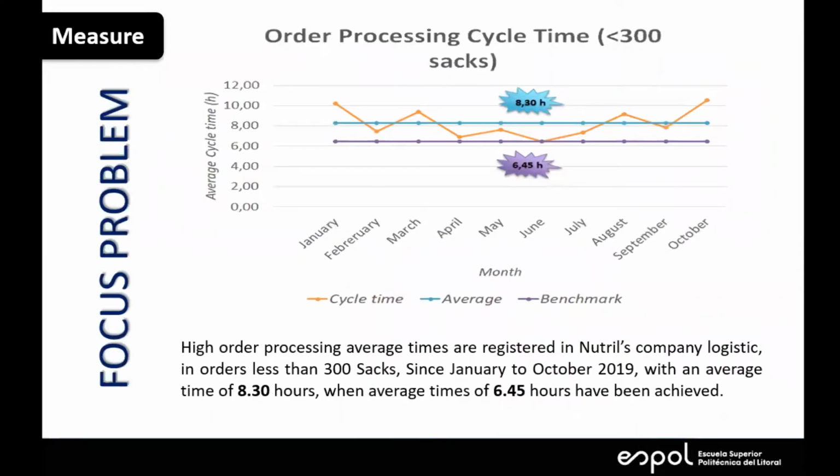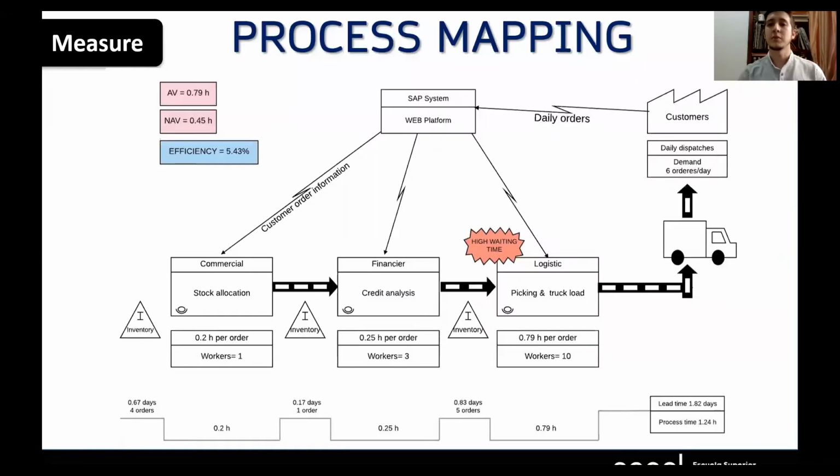Then in the focus problem, we use the charts with order processing cycle time for fewer than 300 sacks, where we have high order processing average time registered in Nutrif's company logistics in orders of fewer than 300 sacks since January to October 2019, with an average time of 8:30 hours when an average time of 6:45 hours has been achieved.